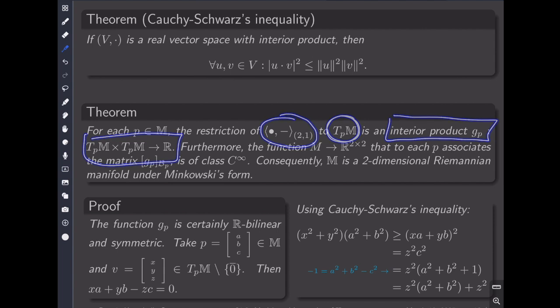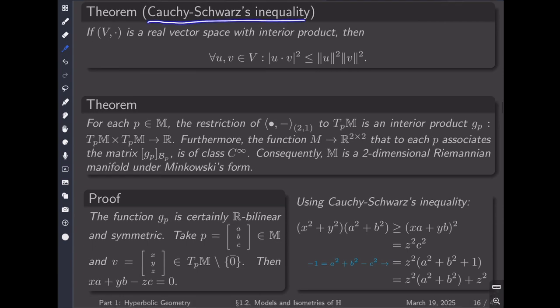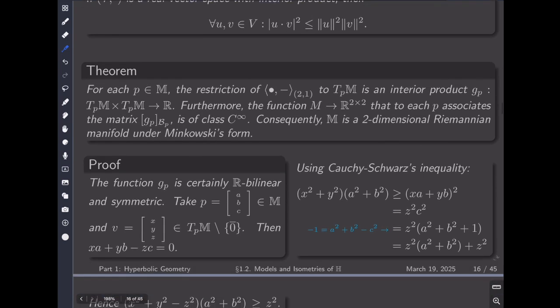So in other words, the Minkowski's form is not an interior product for the whole of R3, but it is an interior product for each of the tangent planes that are of interest to us under the hyperboloid. And the proof uses the famous Cauchy-Schwarz inequality, and it's quite simple.